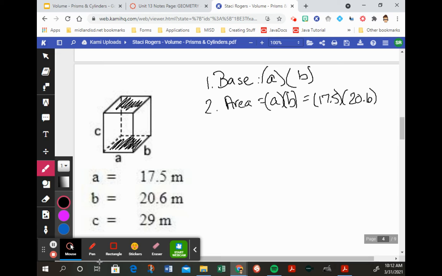I'll use my calculator, though you probably already have the answer before I even get it on. 17.5 times 20.6, I get 360.5.